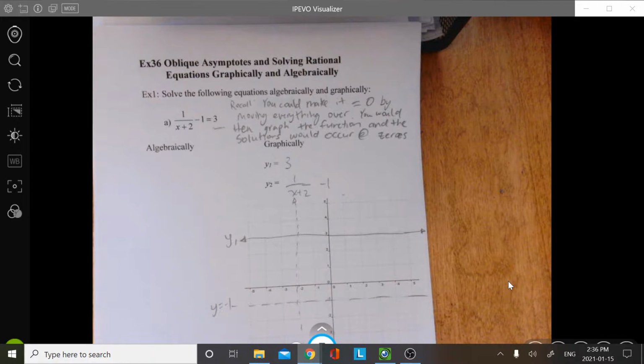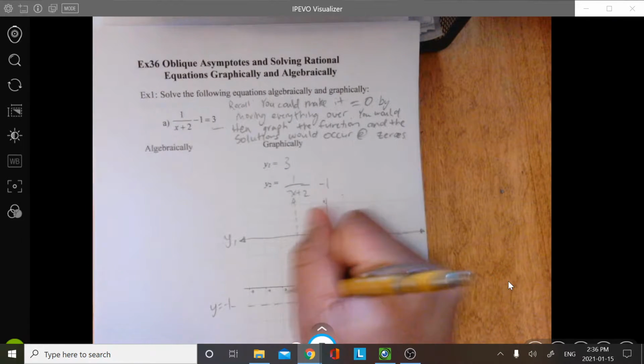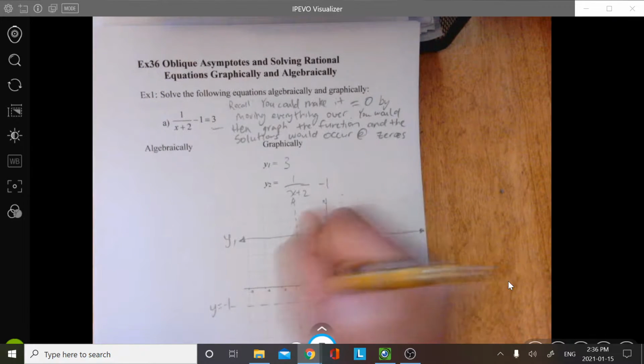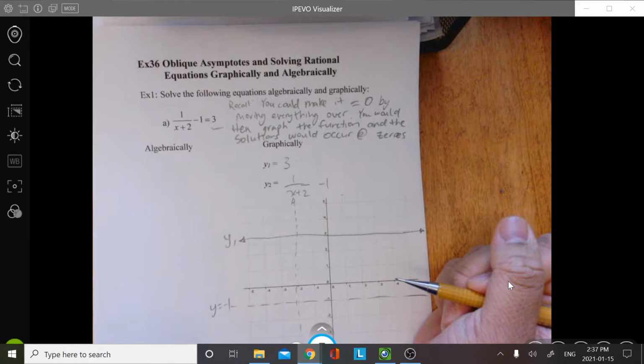Okay, and then we can plot some convenient points for us, right? So again, we want to test on both sides of our vertical asymptote.